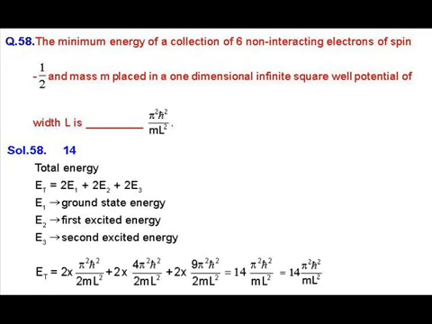NAT question number 58. In this question, we have to find out the minimum energy of a collection of 6 non-interacting electrons of spin 1/2 and mass m placed in a one-dimensional infinite square well potential of width L in the unit of pi square h cut square divided by mL square.